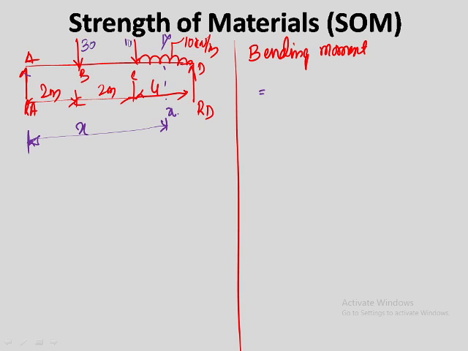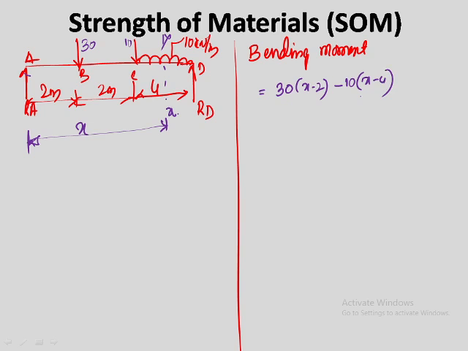This is 10 kilonewton. So 30 into x minus 2. You just check out, I am writing the equation. Minus 10 into x minus 4.